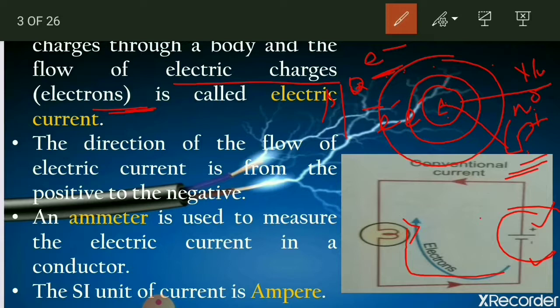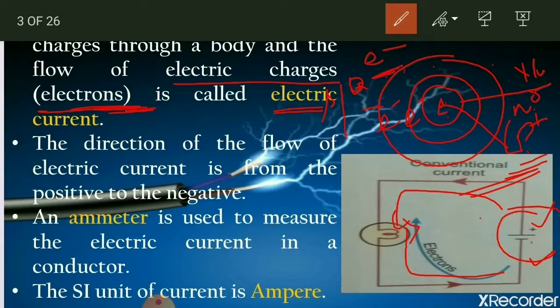At that time, electrical energy will start moving in the opposite direction, from positive to negative terminal, and this electrical energy itself is electric current. So electricity is the movement of charges through a body, and the flow of electrons is called electric current.